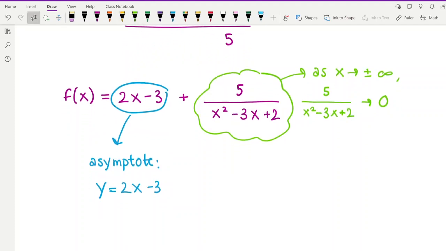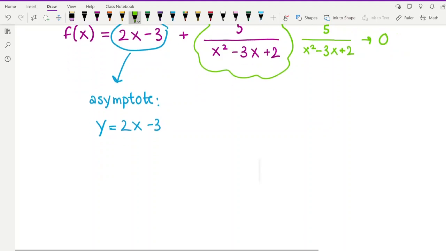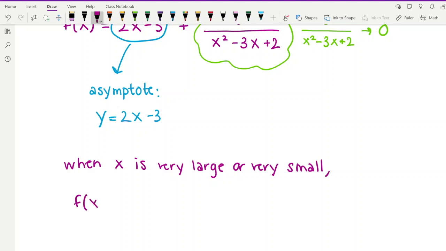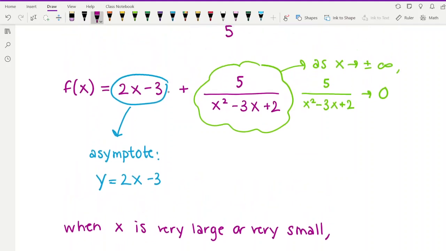So what does that tell us? Well, if we plug in a really big number to this function, when x is very large or very small, our function is basically going to be approximately equal to 2x minus 3, because the part circled in green is going to be really close to 0.